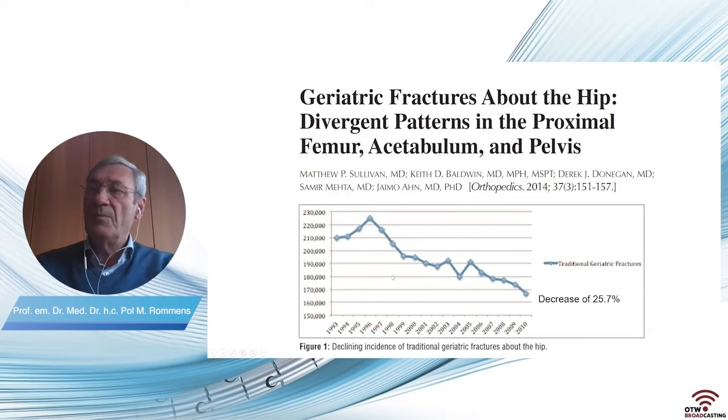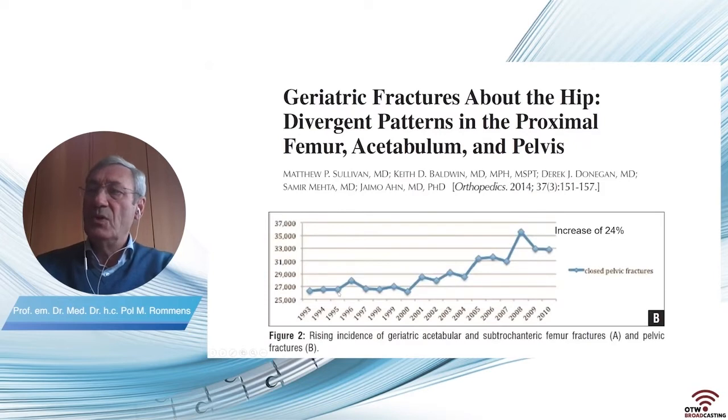But if we look at the incidence of these fractures over time, then you see that the traditional geriatric fractures have a peak in 1996 and then continuously decline to have a decrease of 25% in 2010. But the opposite is true for closed pelvic fractures.